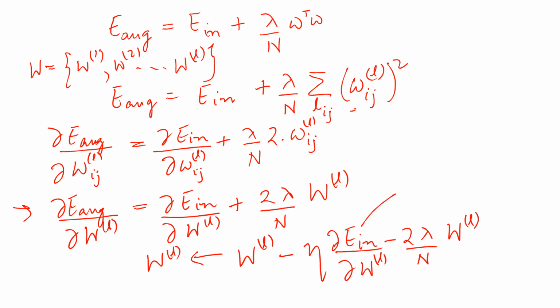And where do we get the gradient of E_in from? We get this from backpropagation, if you remember. So that's how weight decay is applied to a neural network.